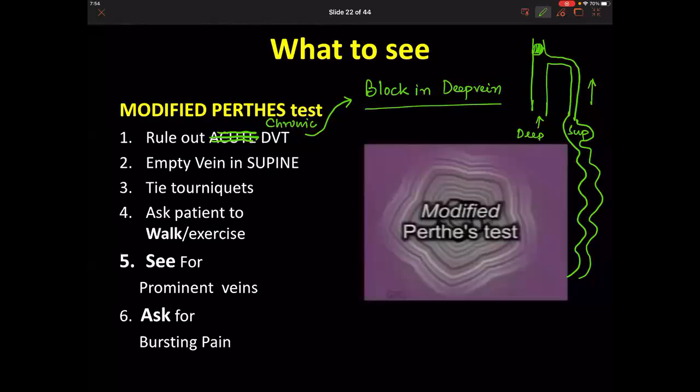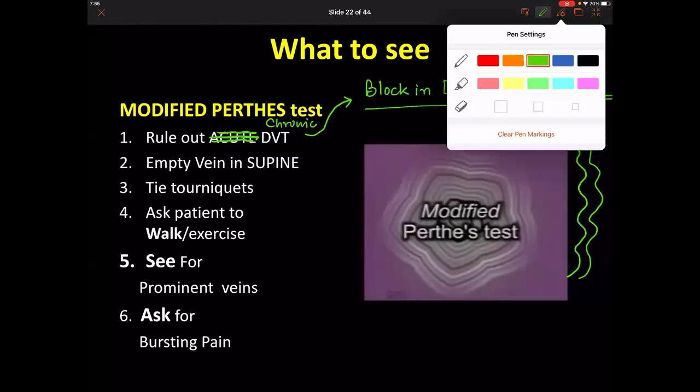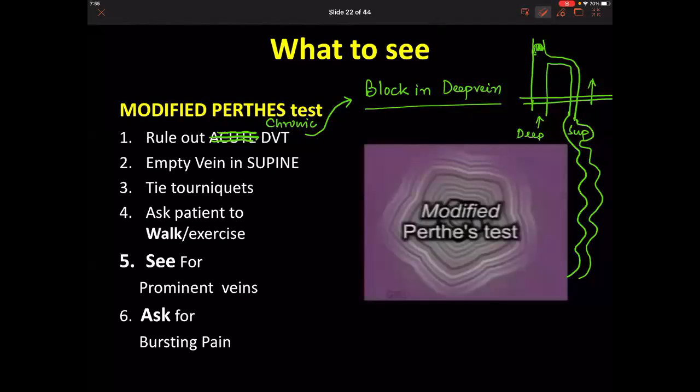But if you tie the tourniquet, remember, I can tie a tourniquet at this point, and through this tourniquet I am stopping all circulation of blood, or at least venous return, from the superficial vein.